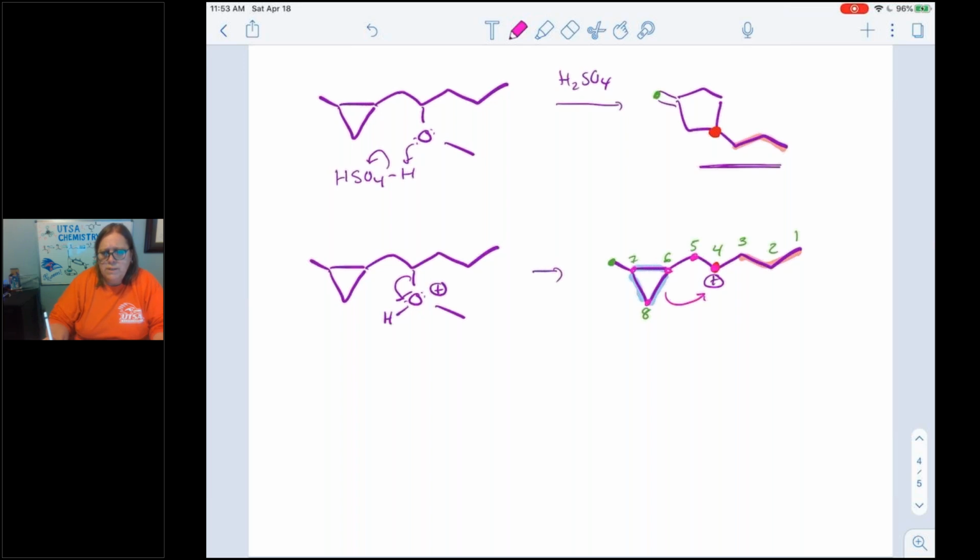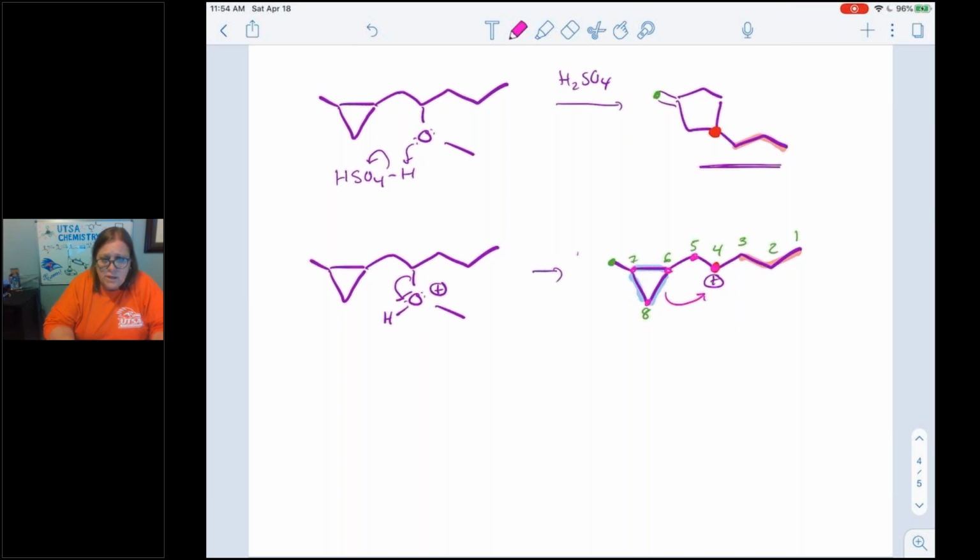But where does that put my carbocation? Exactly, it puts it at 6. Is that a good place for my carbocation to be? It actually is a good place for my carbocation to be.